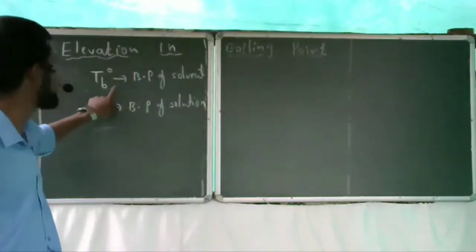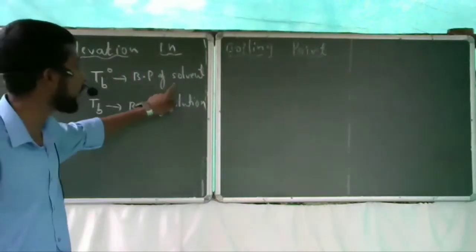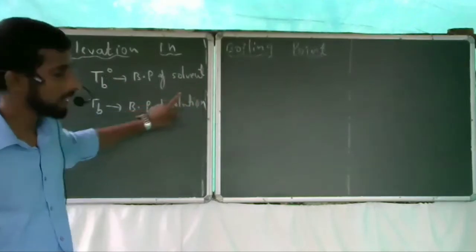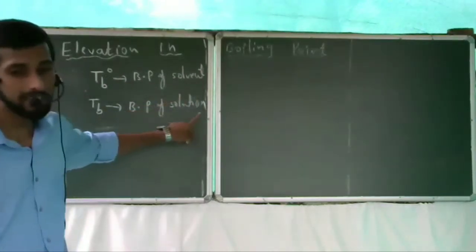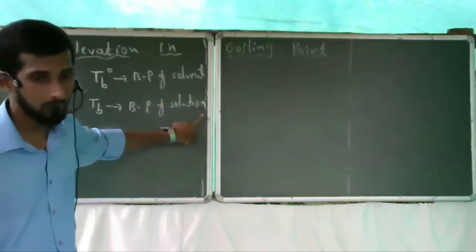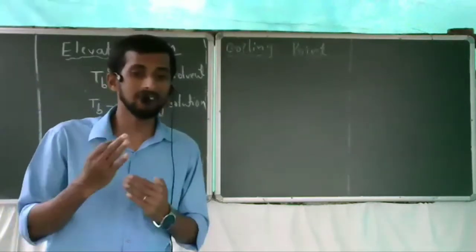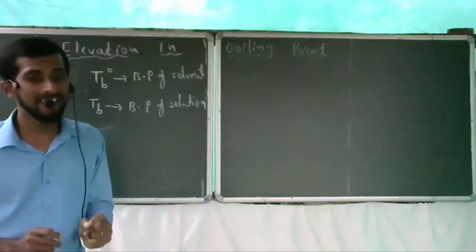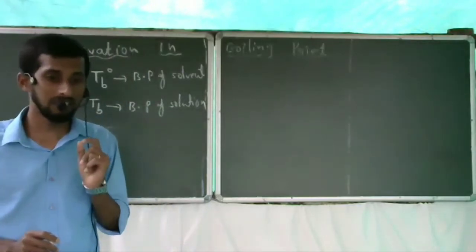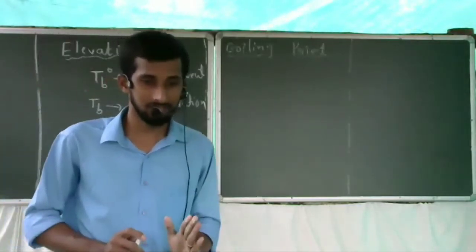Okay, let TB naught be the boiling point of the pure solvent, TB be the boiling point of the solution. Then it clearly says, already we discussed the definition. If you add a non-volatile solid to volatile solvent, boiling point increases.